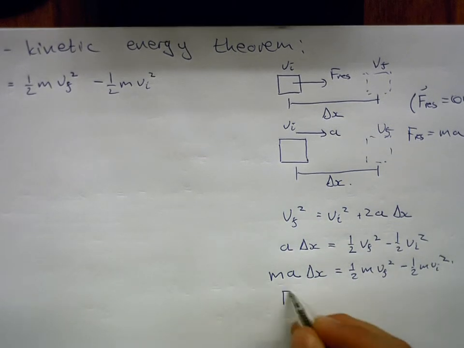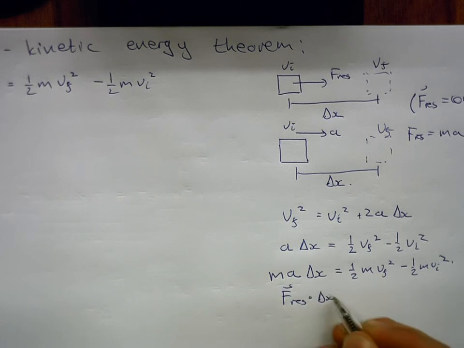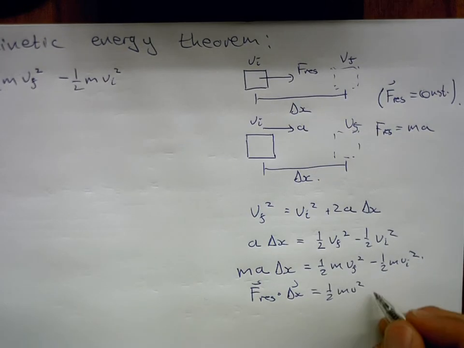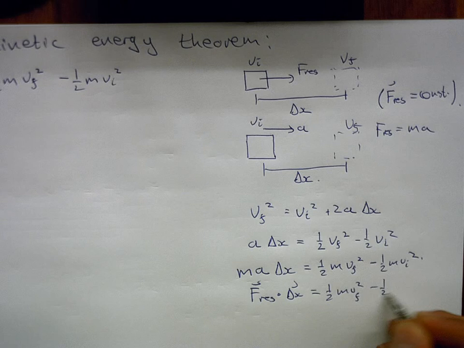This is just the resultant force dotted with the displacement, and it is equal to a half m v final squared minus a half m v initial squared.